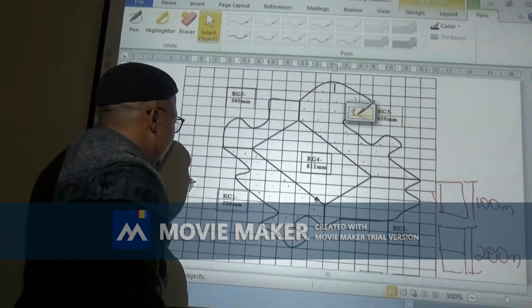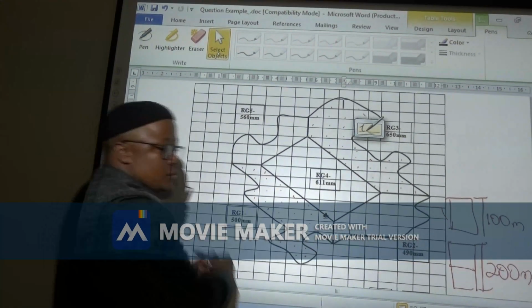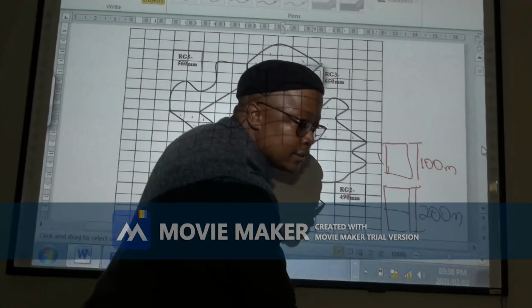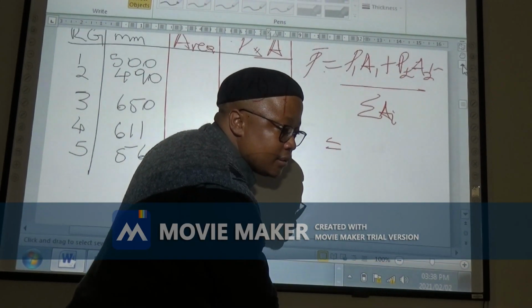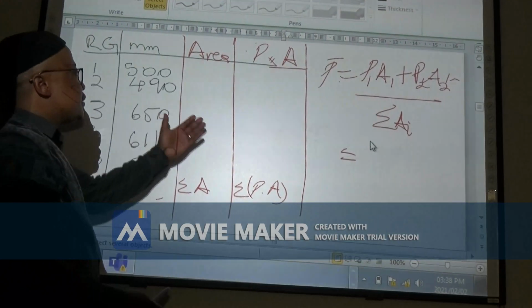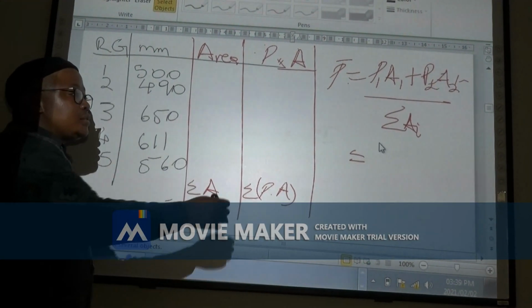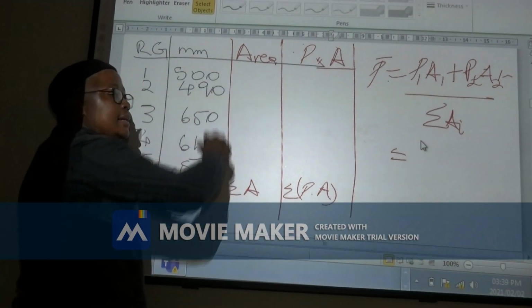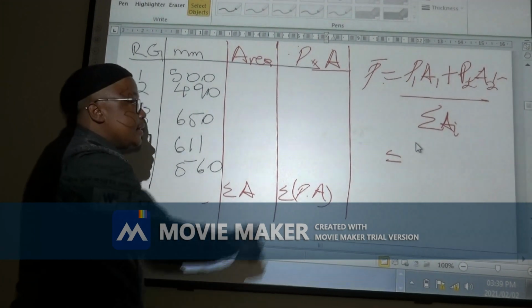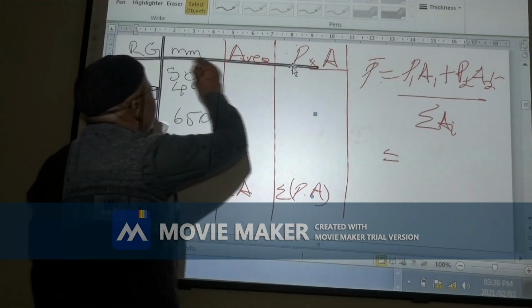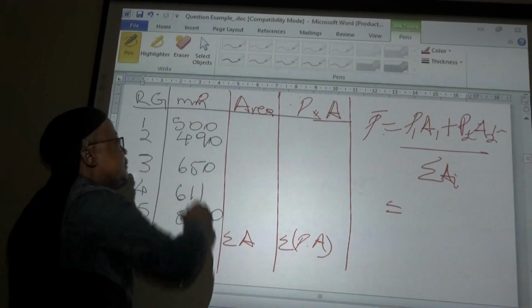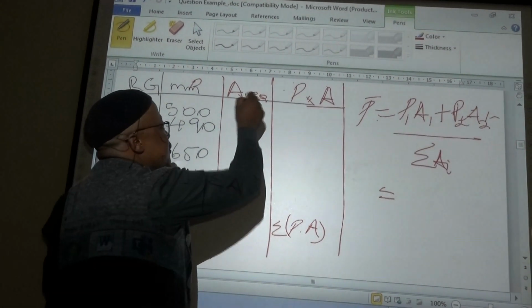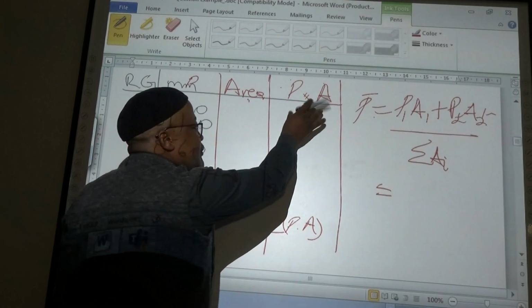Now for this one, you will need to make sure that you are on the same page with us. You will then come back to the formula itself. When you get to the formula, you would be expected to have written the scaled area within the blocks. And then you multiply by your precipitation here in millimeters, multiplied by your scaled area, and then you get your values.